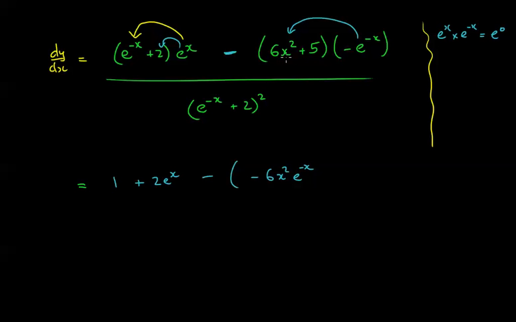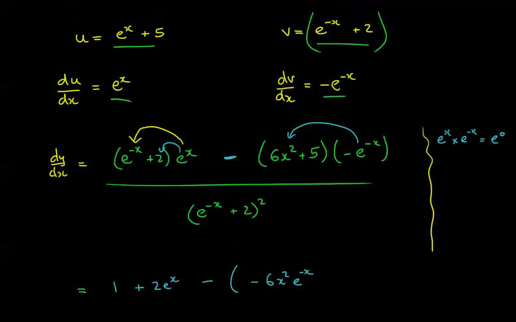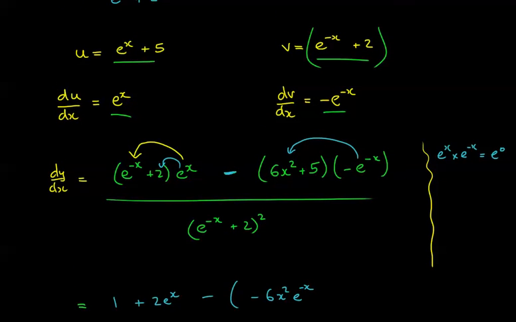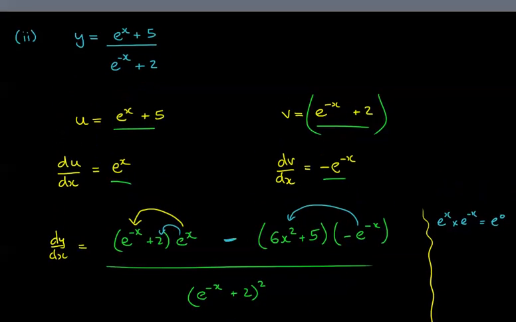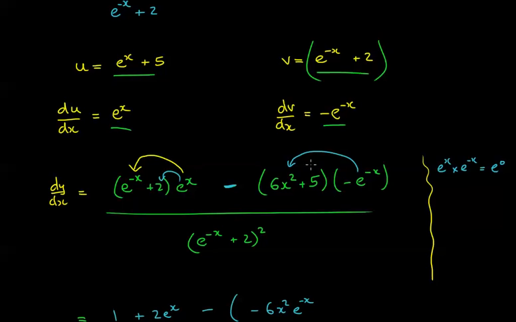Why have I put x squared? Hang on. That's wrong, isn't it? Sorry, my mistake. Not 6x squared. Why did I think it was 6x squared? That's completely wrong, sorry. It's u, isn't it? It's just e to the x plus 5.